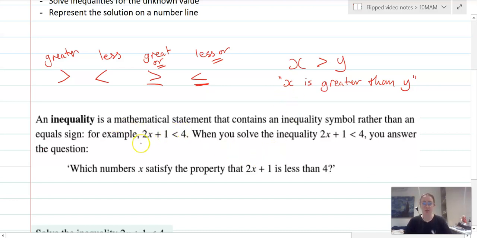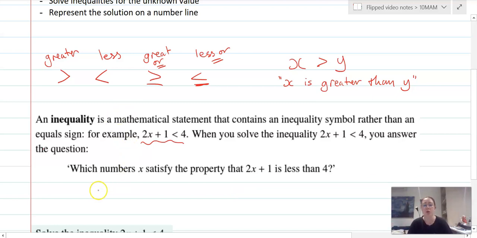An example we've got here is 2x plus 1 is less than 4. When we solve it, we're answering the question of which values of x satisfy the property of 2x plus 1 being less than 4. You could use trial and error, but it would take a very long time to find the actual point at which the number line should start.